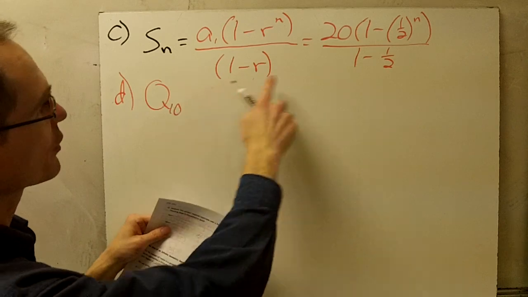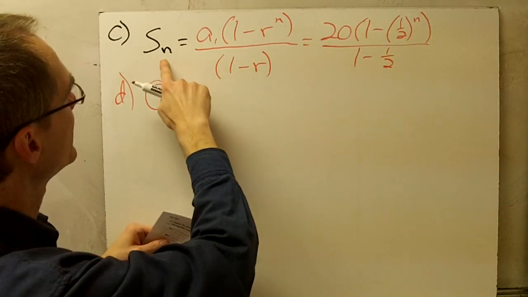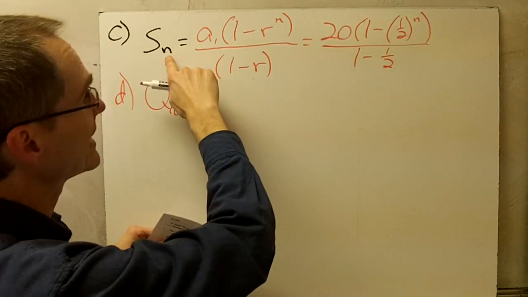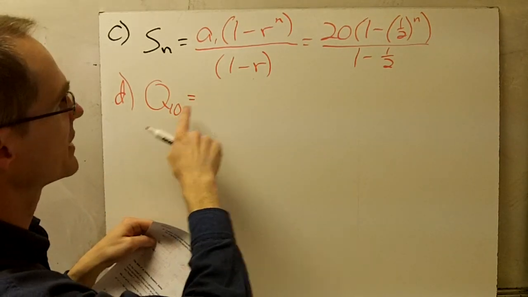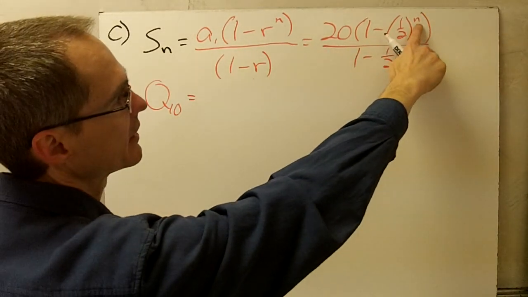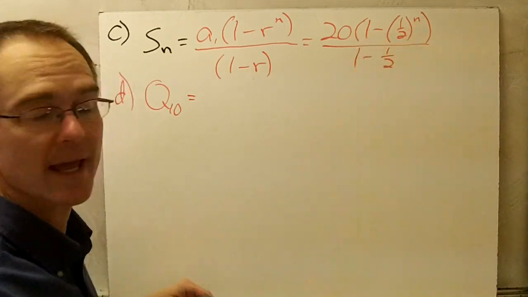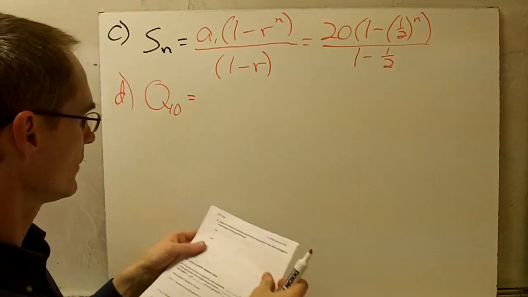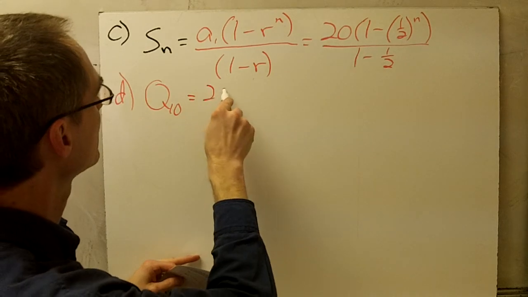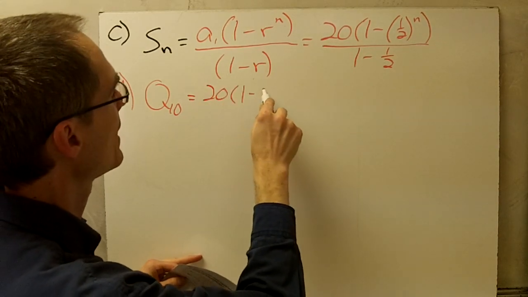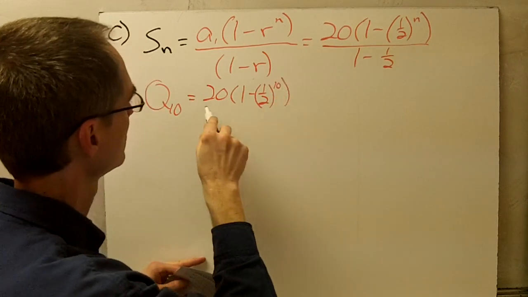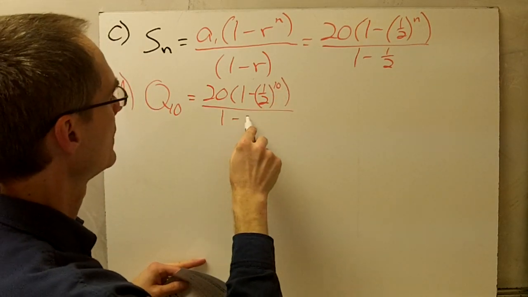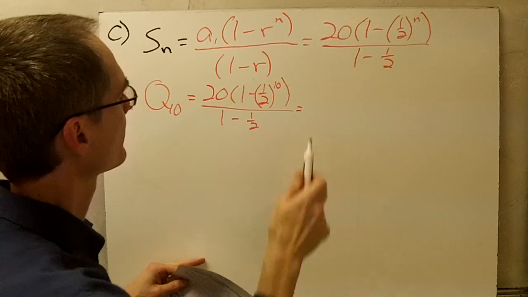Well, I already have this formula here for the level of the drug after n injections. So if I want to know how much drug is in the patient's body after 10 injections, I just need to plug in 10 for n and evaluate my formula. So that's going to be 20 times 1 minus 1/2 to the 10th power divided by 1 minus 1/2.